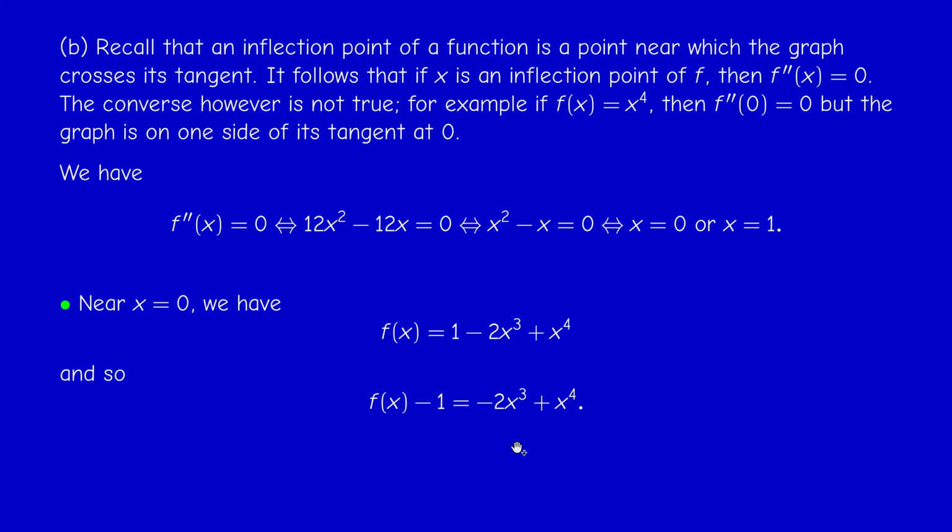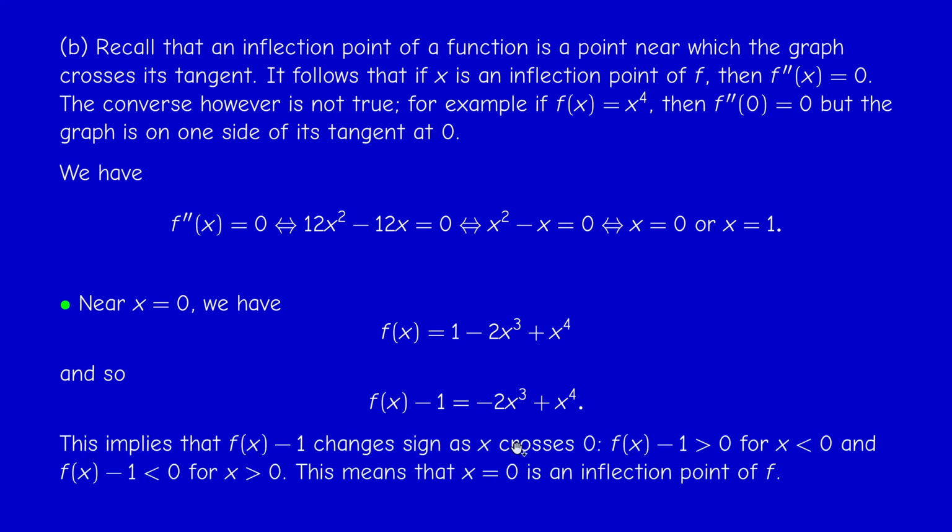So we have a sign change near x equals 0. So this precisely means that 0 is an inflection point, okay? Because when x is negative, f is above the tangent, the horizontal tangent in this case, okay? And when x is positive, it's below, okay? And you can see the picture in your book.